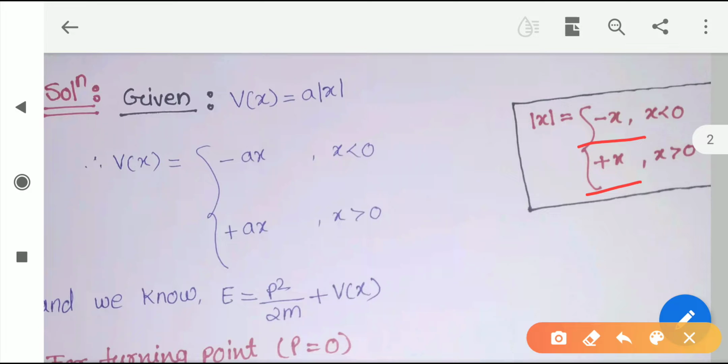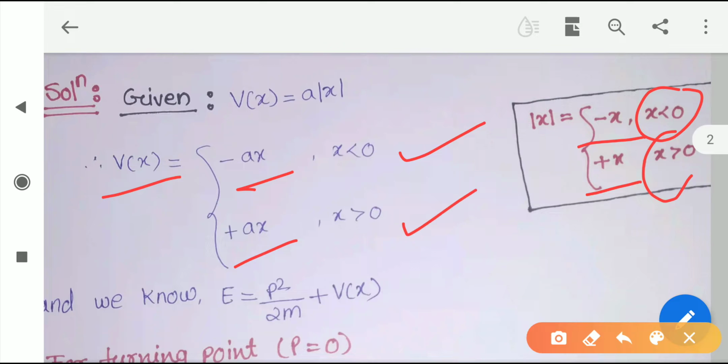It will be negative when X is less than 0 and positive when X is greater than 0. So we will have two values of potential: minus AX when X is less than 0 and plus AX when X is greater than 0. Clear? Because of this mod X, we will get two values of potential.